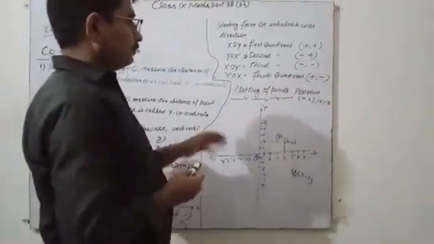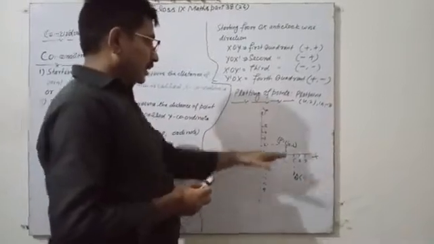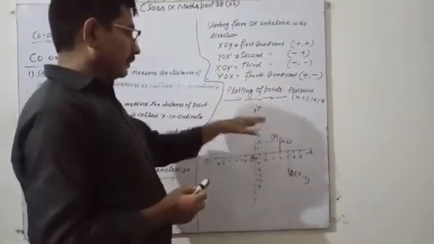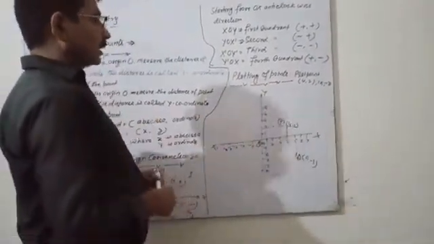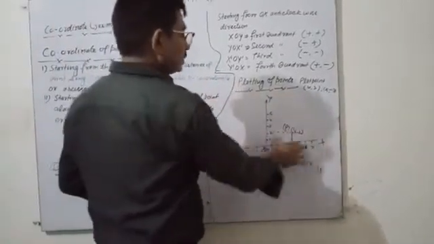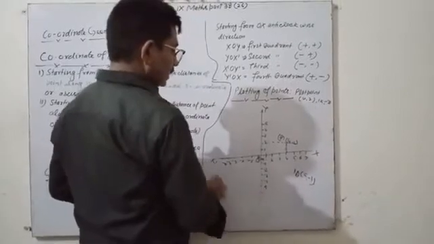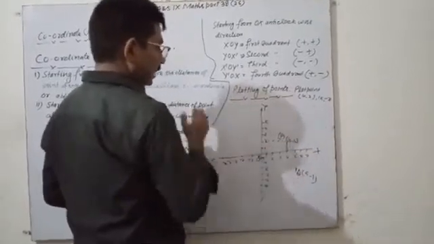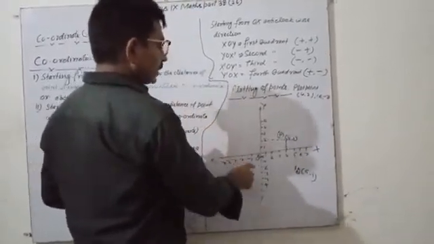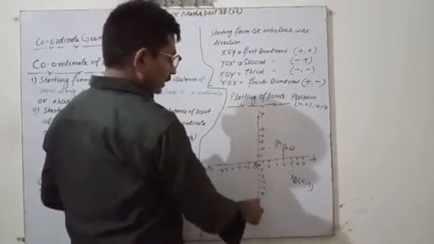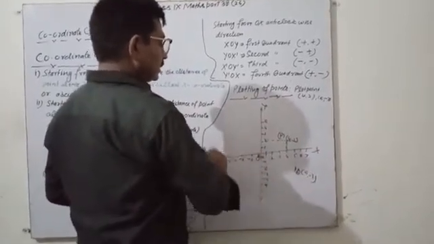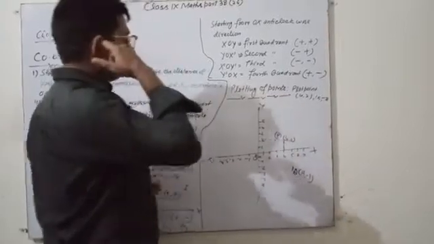Plotting of points. Let us consider: take graph paper and draw the axes XOX dash and YOY dash. XOX dash is the horizontal axis, known as the x axis, and YOY dash is known as the vertical axis. They intersect at the origin.